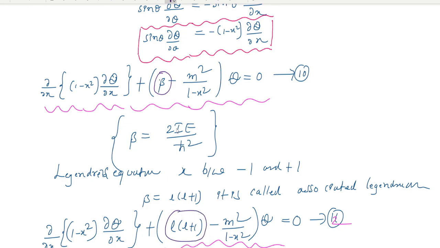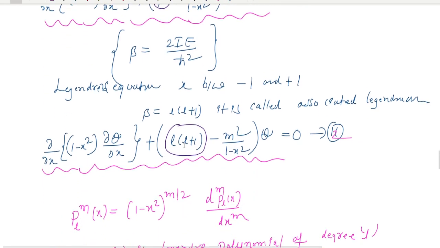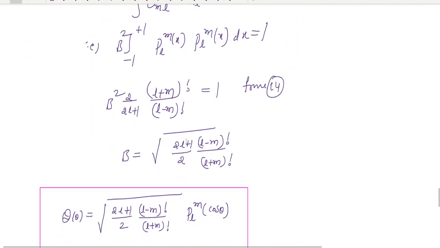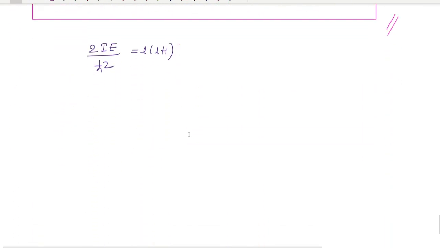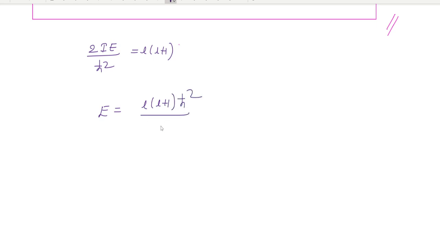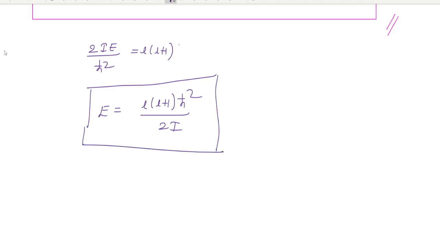Then we equate these two terms. That means 2IE divided by h cross squared equal to L into L plus 1. Therefore, E equal to L into L plus 1 h cross squared divided by 2I. This is the eigenvalue equation.